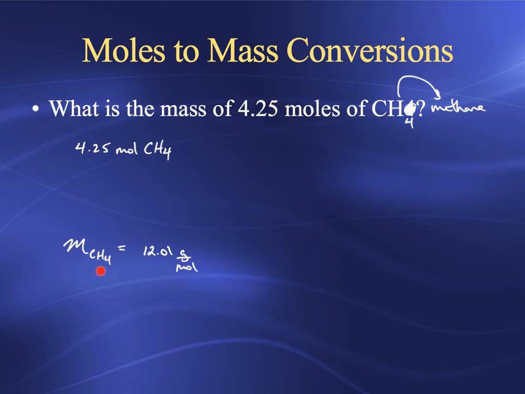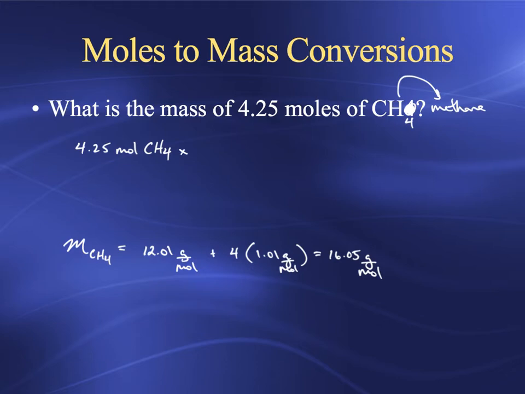And we've got 4 hydrogens, so we're going to add to that 4 times the molar mass of hydrogen, rounded to the hundredths place, 1.01 grams per mole. This whole thing, 12.01 plus 4.04, is going to equal 16.05 grams per mole. That is the molar mass of methane.